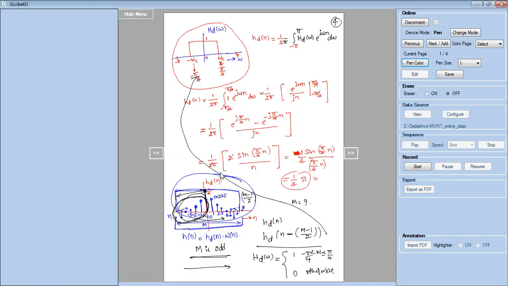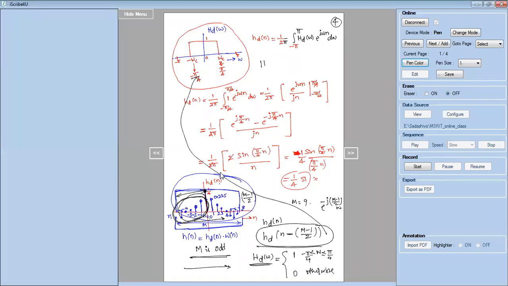My Hd of omega will now become modified. It is not just a 1, it is e to the power of minus j (M minus 1) divided by 2 into omega. It will introduce linear phase. So in the time domain, if I shift by (M minus 1) by 2 samples, in the frequency domain it introduces a phasor angle.